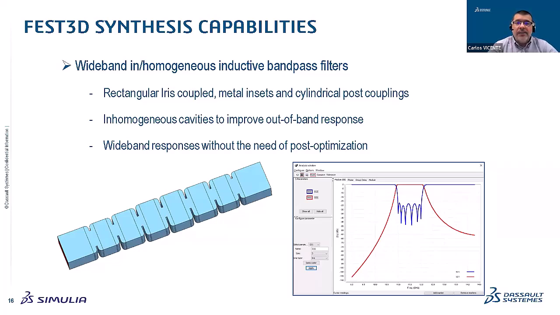And the nice point of this tool is that you can really achieve wideband responses like 10, 15, 20% of relative bandwidth without the need to post-optimize. This is just an example of a 6-cavity filter with rounded corners, which was achieved without the need of post-optimization in less than 1 minute.